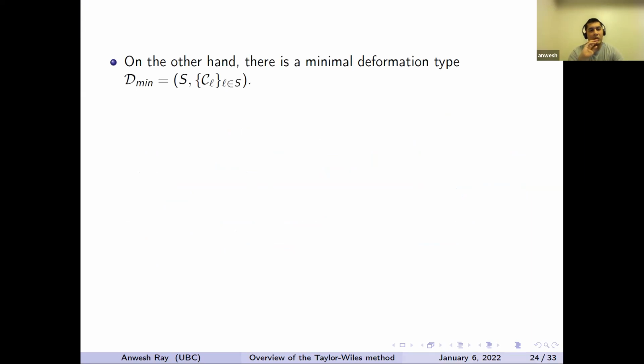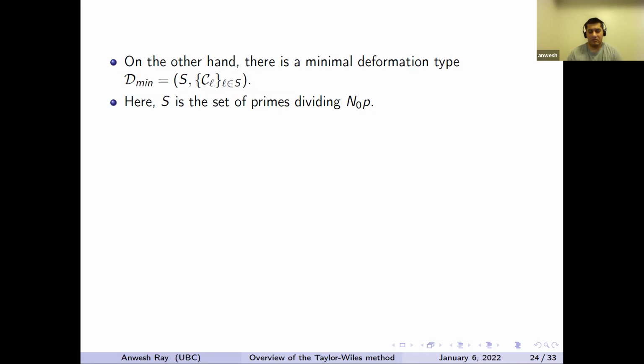On the other hand, what we can do is specify a deformation type, which is the minimal deformation type. So here, S is the set of primes dividing N naught times P. So at every prime in S, we specify a local deformation condition. Of course, I'm not going to define what these conditions are exactly, but the point is that the residual representation has some representation theoretic properties at the primes away from P. And so the primes away from P use a deformation condition called the Steinberg deformation condition.